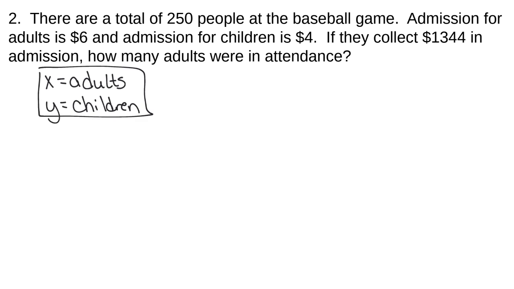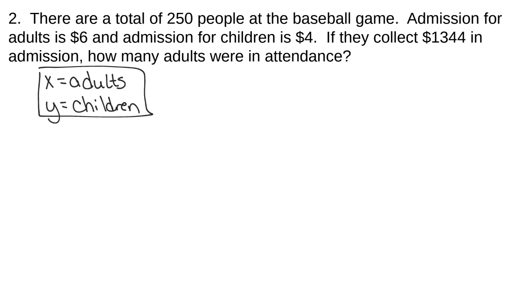When you look back at this problem, we know that the adults are $6, the children are $4, and we have two other very important numbers. We have 250, which tells us the total number of people, and we have 1,344, which tells us the total value in money that they brought in.